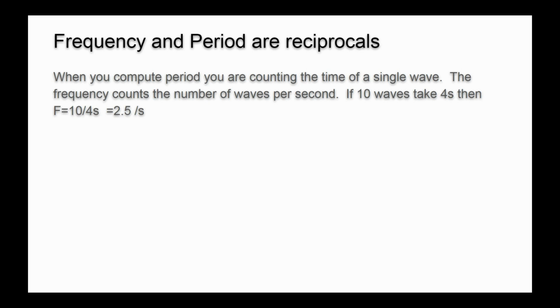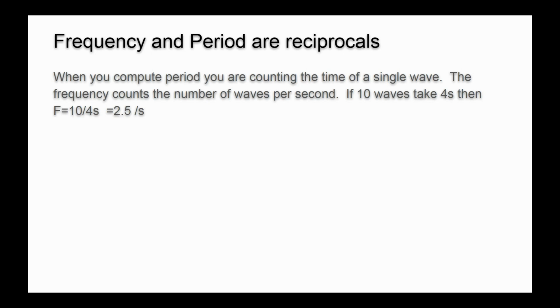When you compute period, you are counting the time of a single wave. The frequency counts the number of waves per second. If 10 waves take 4 seconds to pass you, then the frequency is 10 waves over 4 seconds equals 2.5 waves per second. The period in such a thing would be the opposite, 4 over 10.